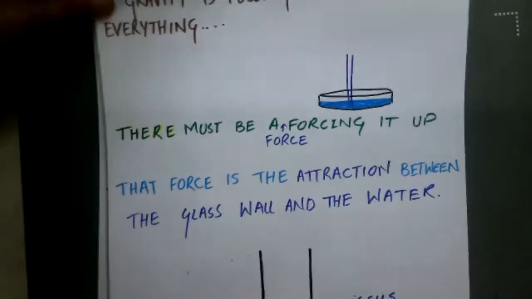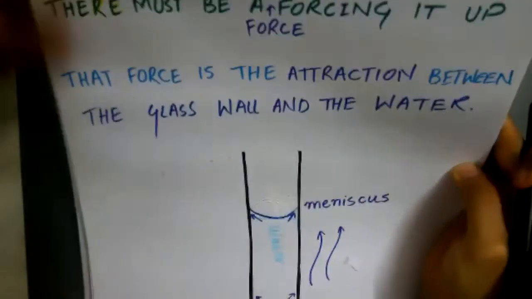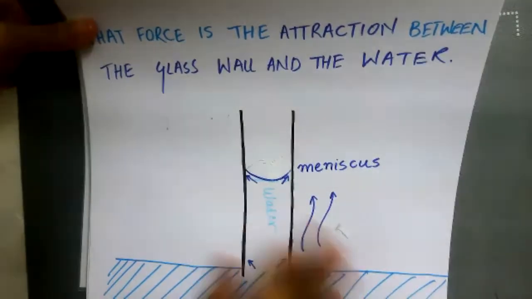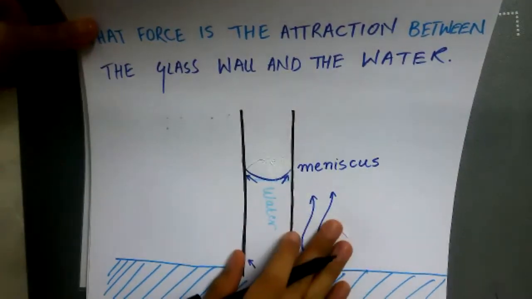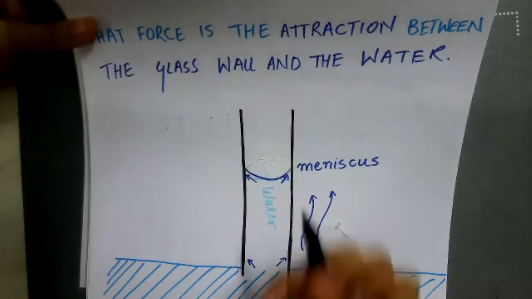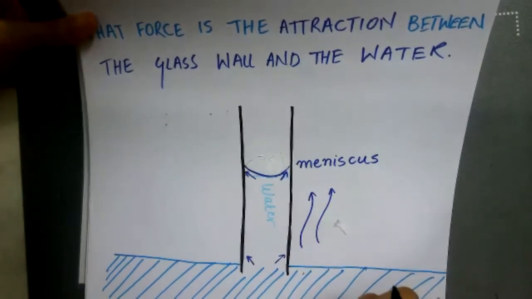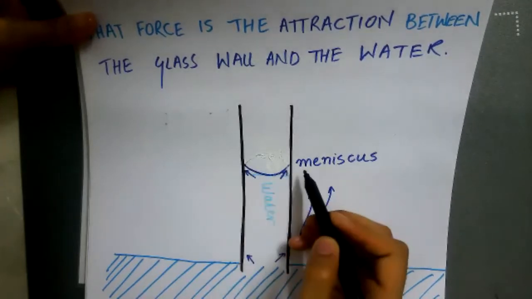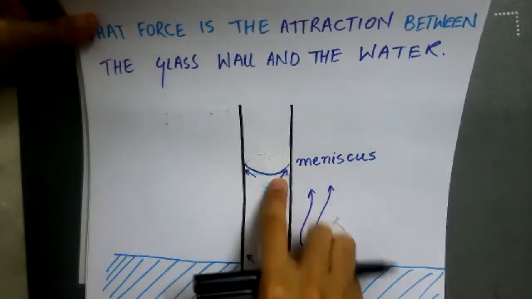If you pay attention to the diagrams in questions, and if you have been to a laboratory and done this experiment, you will always notice that water curves like this, right? But I'm going to get to this later.